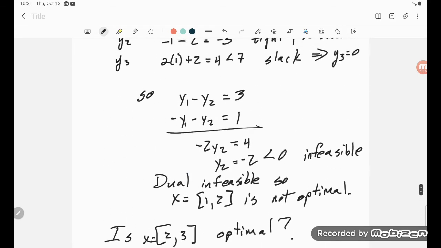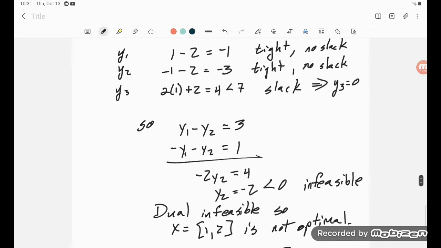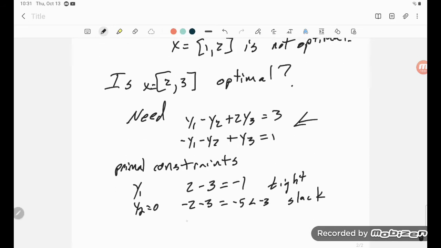And then finally 2 times 2, and then plus our 3, that's equal to 7. Okay, so that one is also tight, which goes with y3.